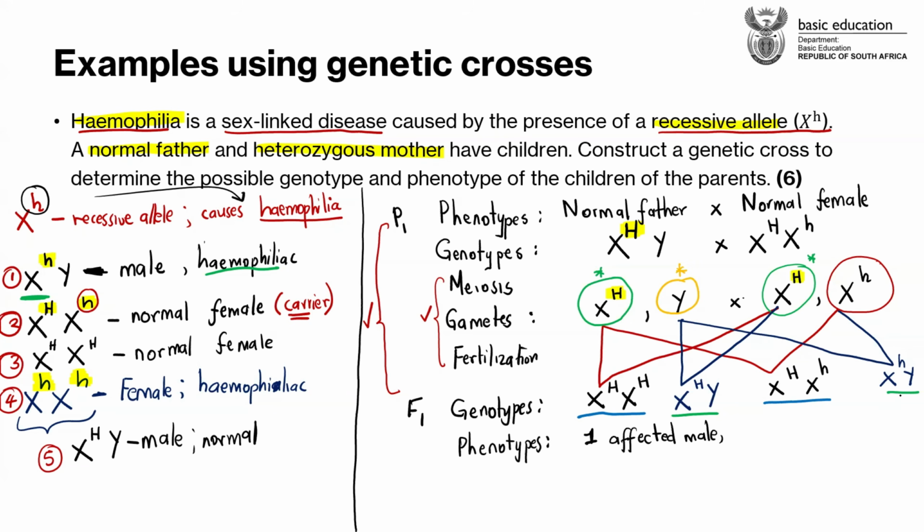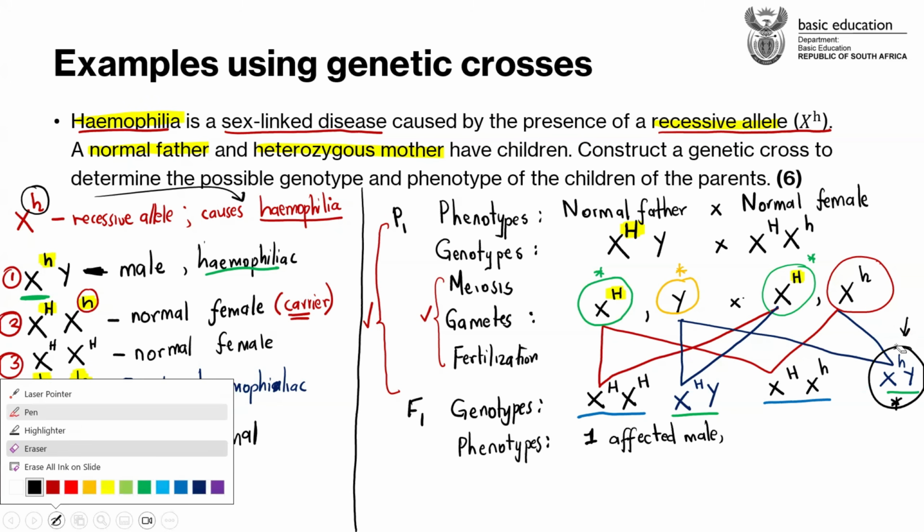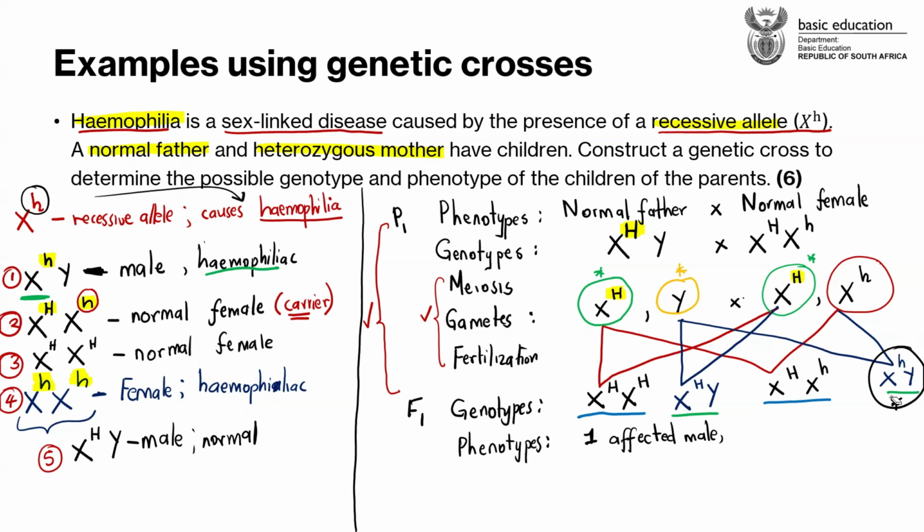We can see the affected male, guys, is the one having the recessive allele. This one. That's the affected male because he's having the recessive allele. Once the male has got a recessive allele, it means that he is definitely affected by this specific condition. So we've got one affected male.